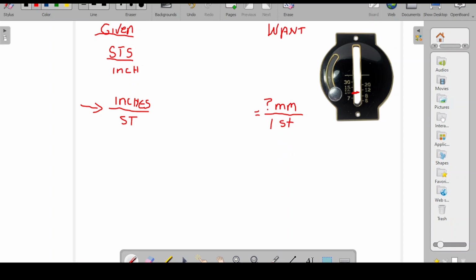Okay, so we're given 10 stitches per 1 inch. That's what we're given, but this is what we want. We want to know how many millimeters are just in one stitch. Just want to know how long one stitch is in millimeters. Well, to do that in math and in chemistry, they use this a lot.